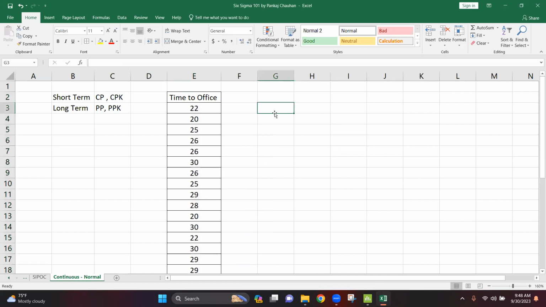CP will be calculated with the formula USL minus LSL divided by 6 times the standard deviation. CPK is the minimum value of CPKL and CPKU.